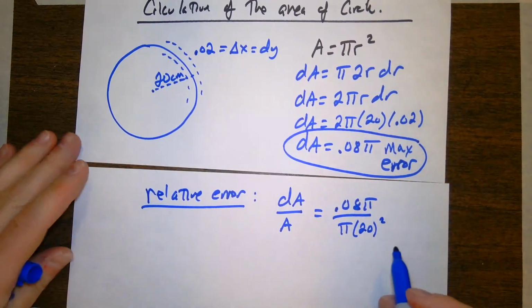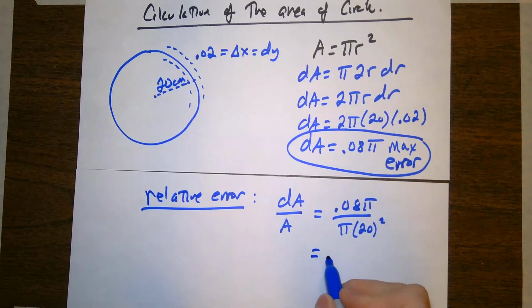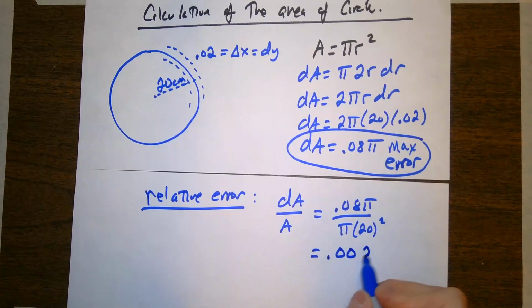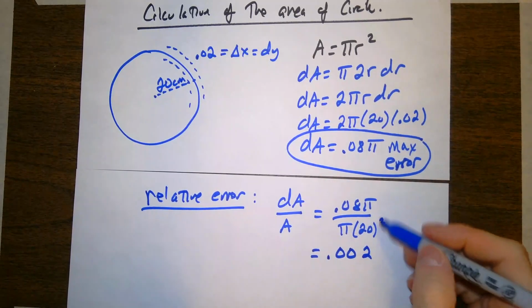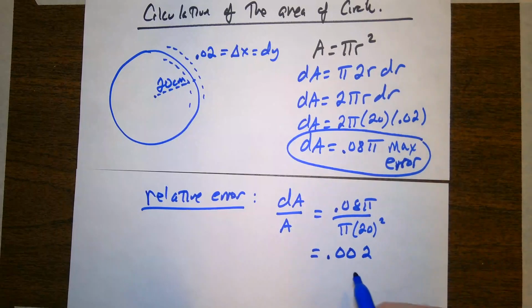And put this on the calculator, and we're going to get 0.002. Notice that my units are going to cancel here. This is a relative error of 0.2%. There's my relative error in calculating the area of this circle.